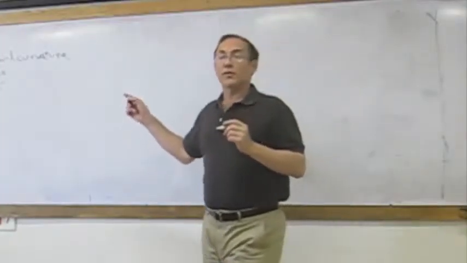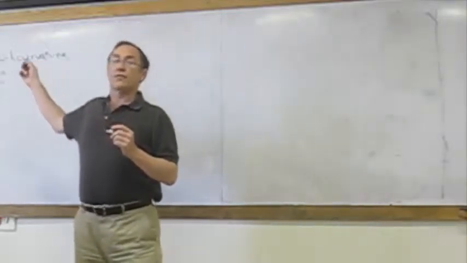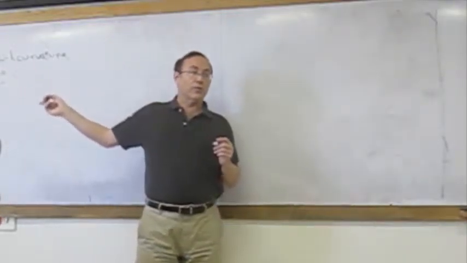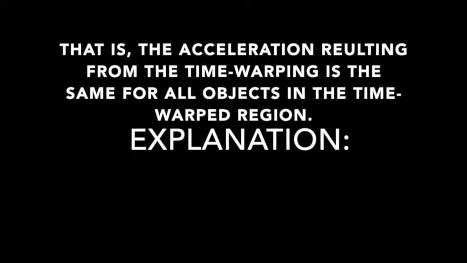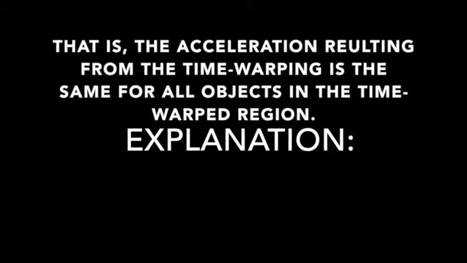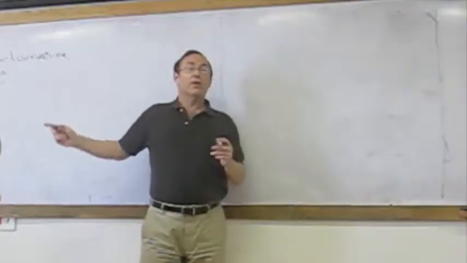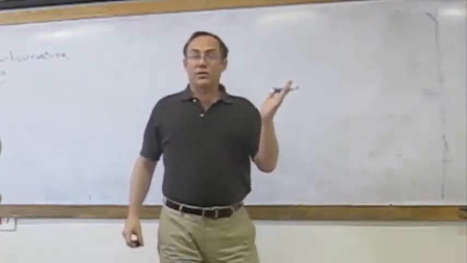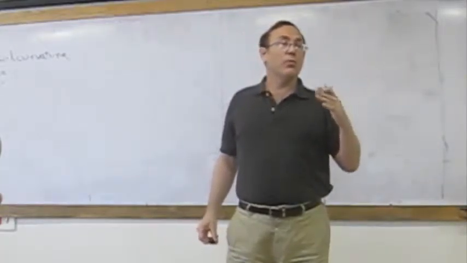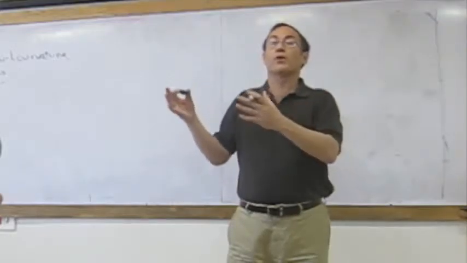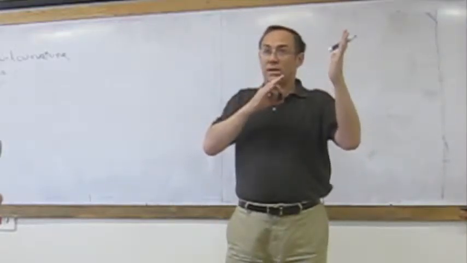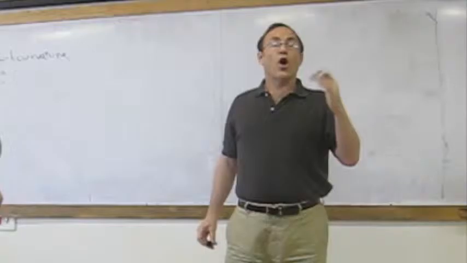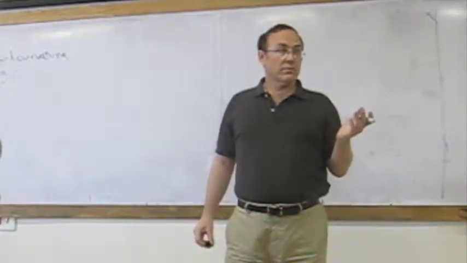Now, one of the interesting features of this is that it's independent of the characteristics of the particle. If the reason for the acceleration is this warping of the time, and the warping of the time has nothing to do with the particles, it's the time itself, then clearly all particles will be equally affected.